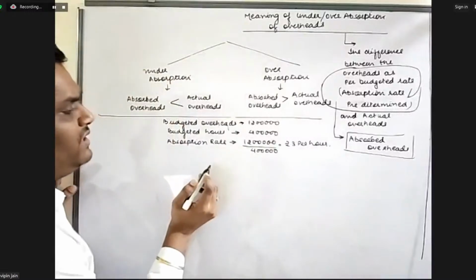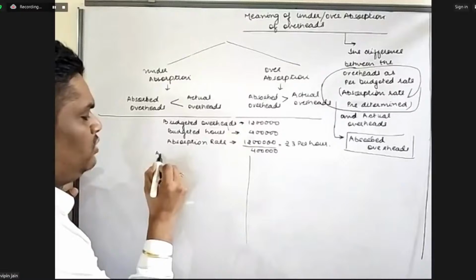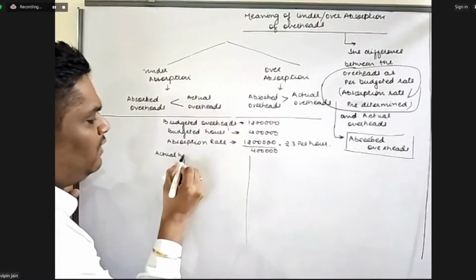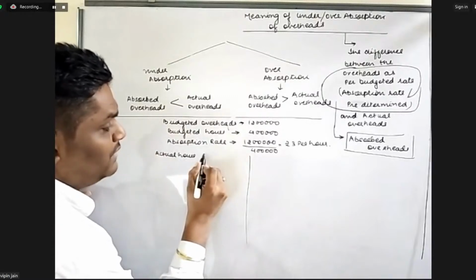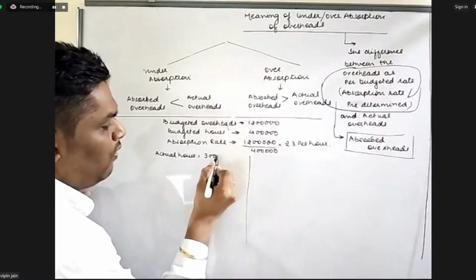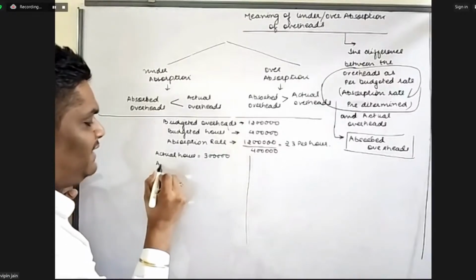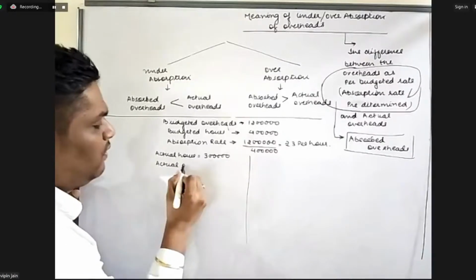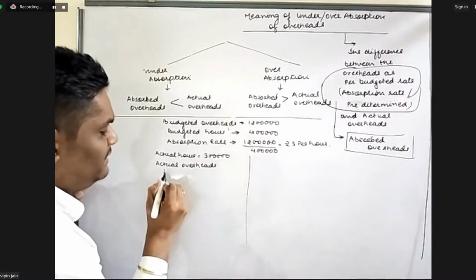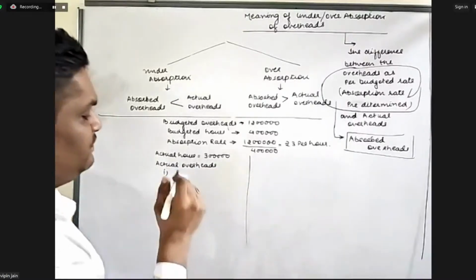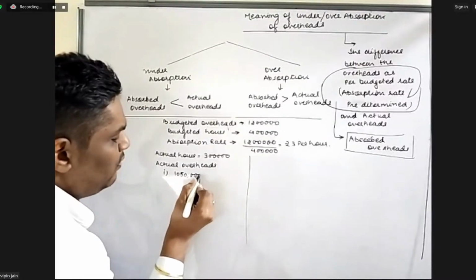Now the information is given as regards actual data. Herein actual hours are given, let's say actual hours are 3 lakh hours. Actual overheads are also given. Let's take the first scenario: what if the actual overheads are 10 lakh 50,000?